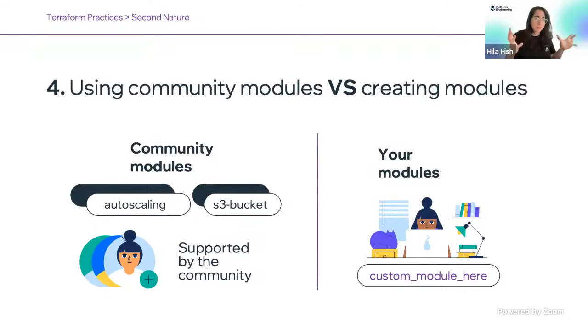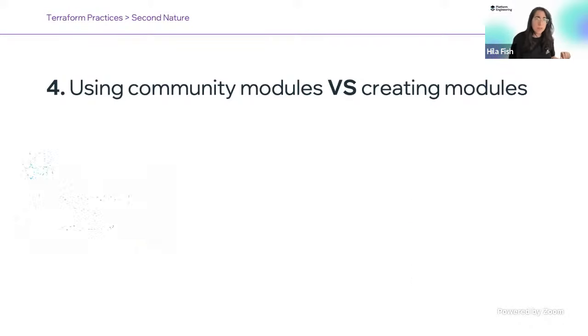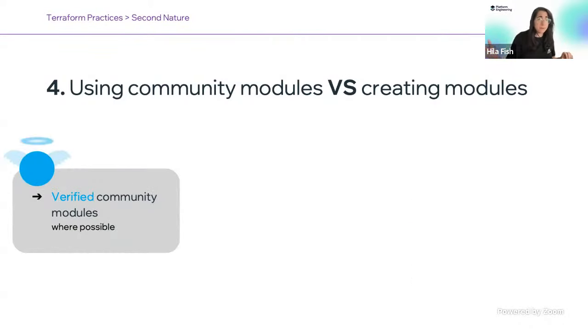So these are the reasons why we should use community modules if possible, right? If it fits our use case. So the good thing is to use verified community modules where possible, because if it doesn't fit your use case, then don't try too hard, and only use it if it fits your use case.